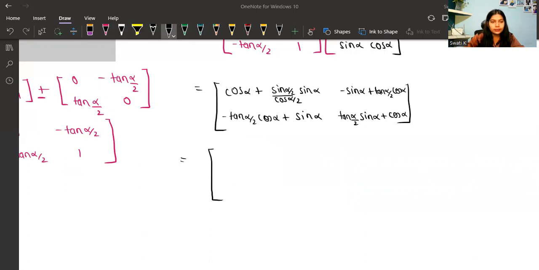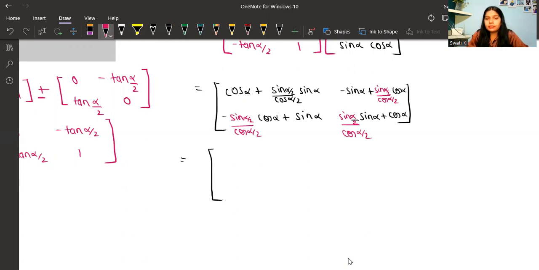And this will become again sin alpha by 2 upon cos alpha by 2. Here also this will become sin alpha by 2 upon cos alpha by 2, and here as well. Remember this, sin alpha by 2 upon cos alpha by 2.